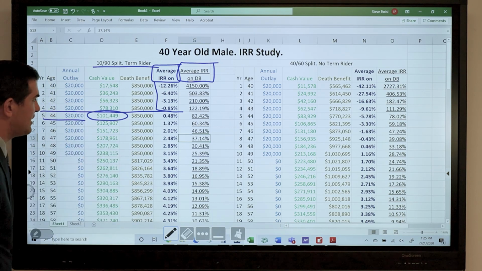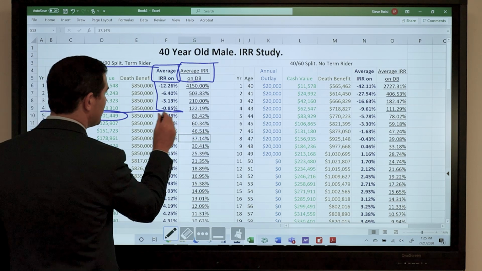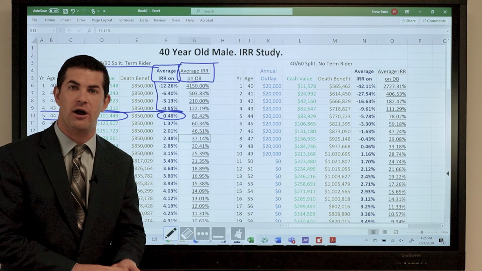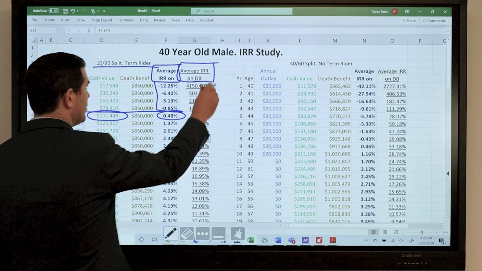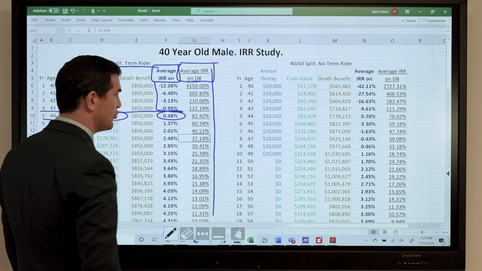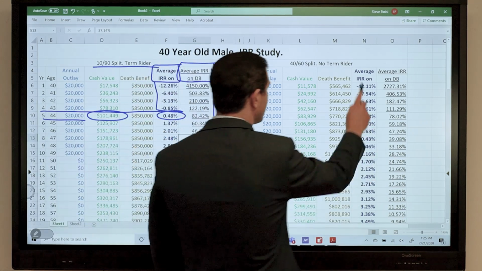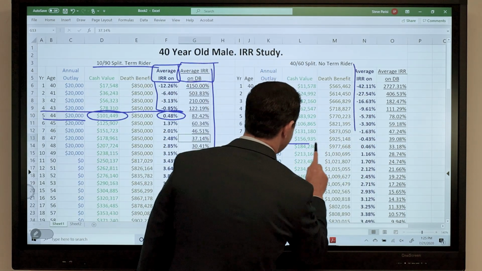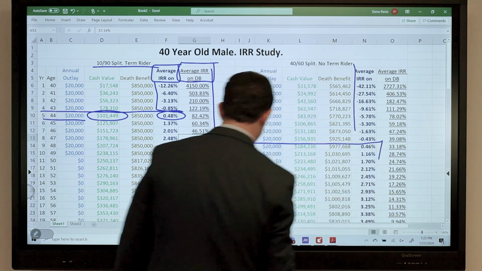I have $101,000. That's why I see just about 0.5% as far as my average IRR. I've broken even. Then I've got the internal rate of return on the death benefit as well. Over here, average IRR, when I break even, you see that go positive.